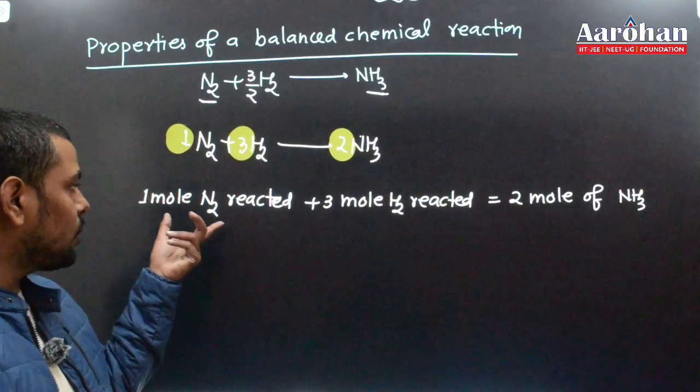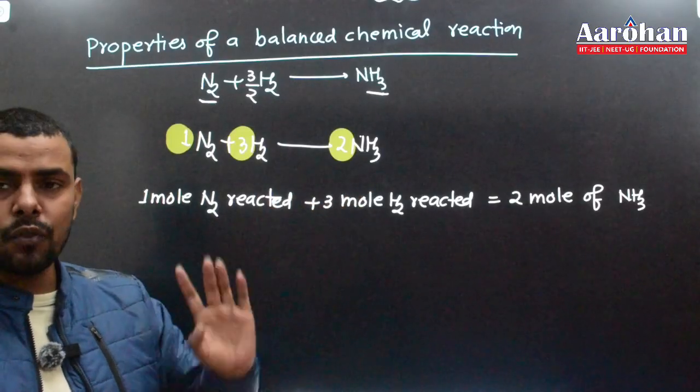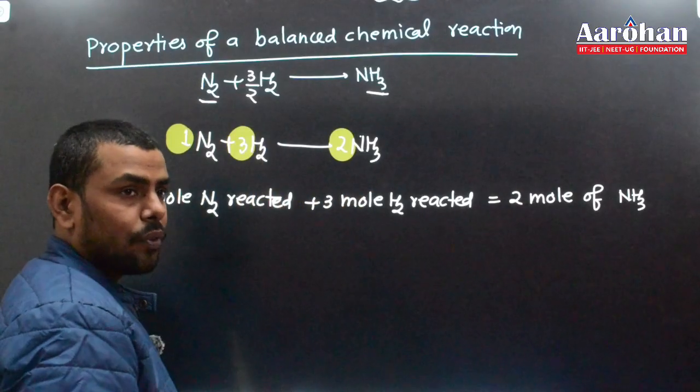If 1 mole of N2 reacted plus 3 mole of H2 reacted, then it will form 2 mole of ammonia. This comes from the coefficient.